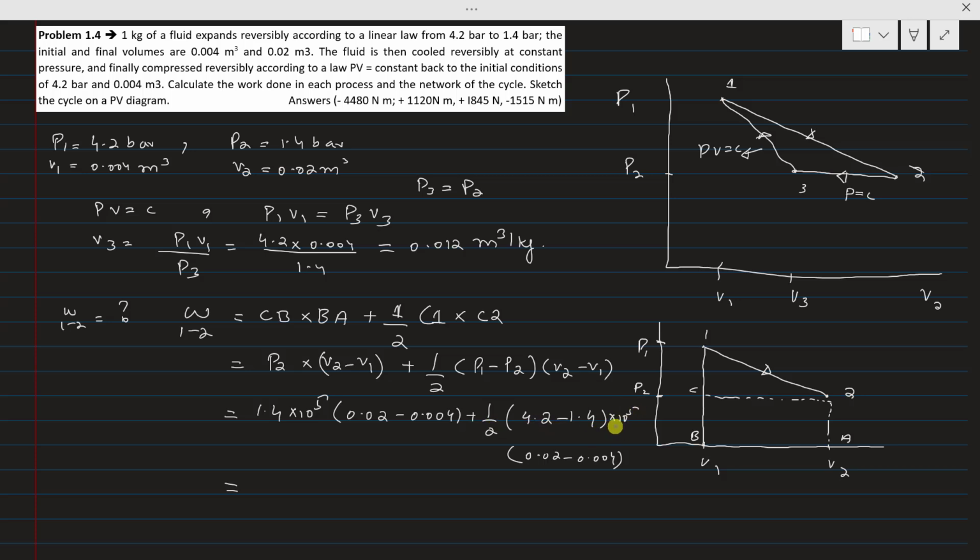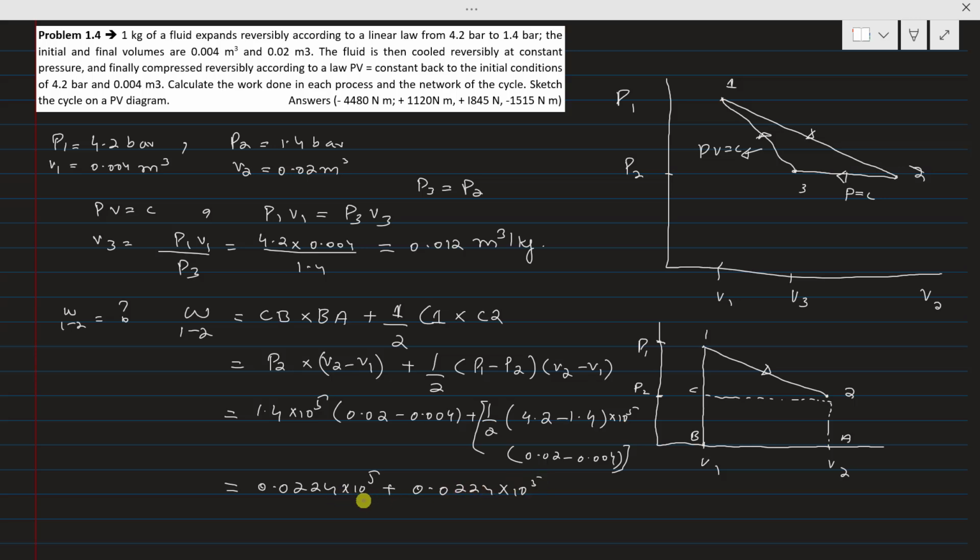As it is, pressure will be multiplied by 10 to the power 5. So this term is equal to 0.0224 multiplied by 10 to the power 5.